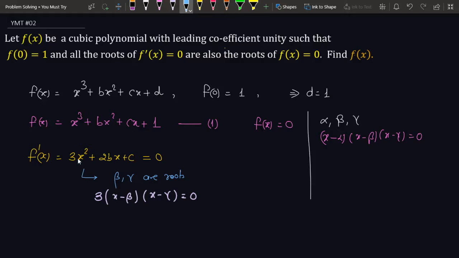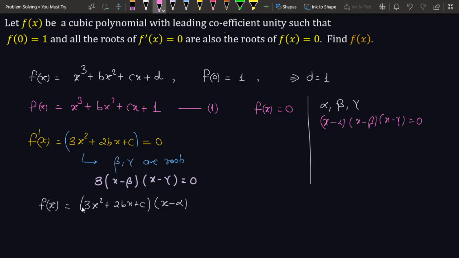This suggests that this entire quadratic expression is going to be a factor of this f(x). So I can now write f(x) in another way: f(x) is equal to (3x squared plus 2bx plus c) and one other factor corresponding to the other root alpha, so just (x minus alpha). We have written f(x) in terms of f'(x) and the other factor x minus alpha. Now let's expand it.